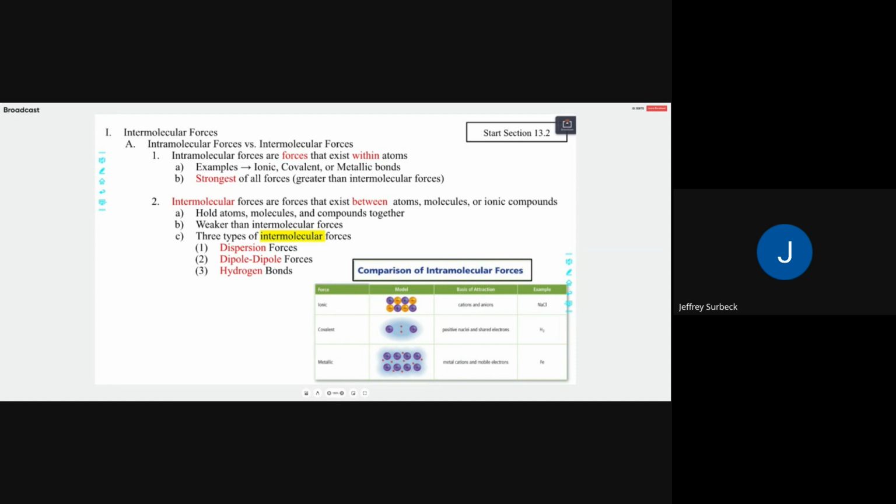Intermolecular forces, again, if we look at the prefix, it's between, okay? So think about this. I gave this example in section 1 notes. If we're in class here and we bump in between one another, we're going to have some type of interaction, right? You have books in your hand, books are going to fall down, things of that nature. Same idea can be applied to our particular molecules, atoms, formula units here, but these are between.